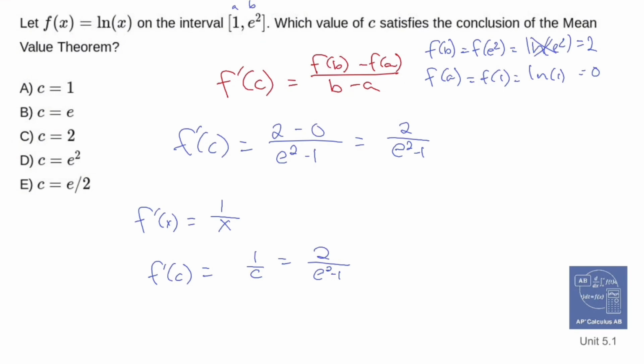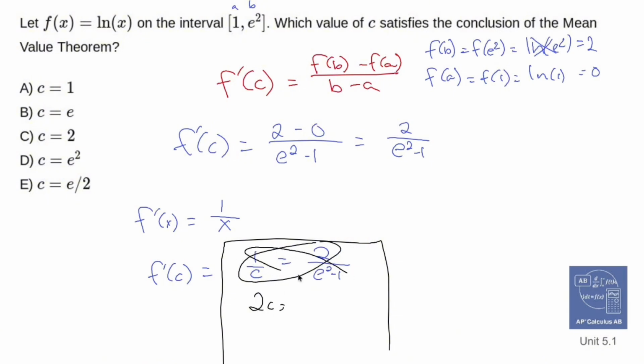Now I'm focusing on this part right here. I'm going to cross-multiply. So 2c equals 1 times e squared minus 1, which is just e squared minus 1. And then divide everything by 2. So c is going to equal e squared minus 1 all over 2.